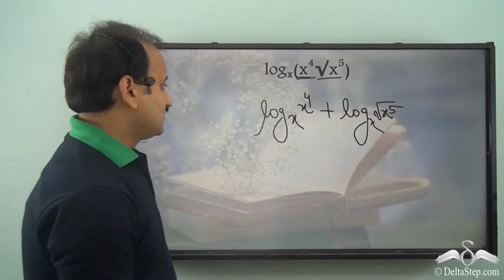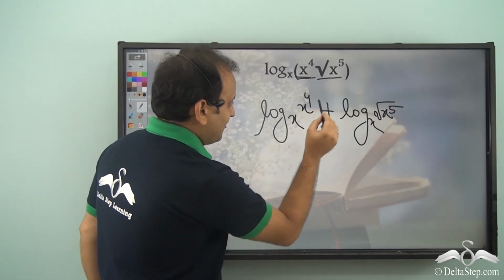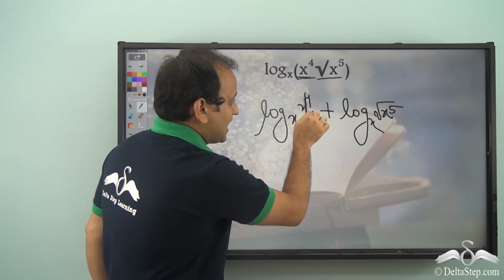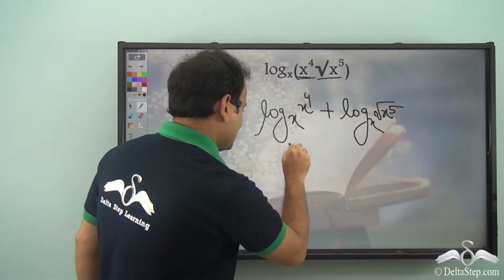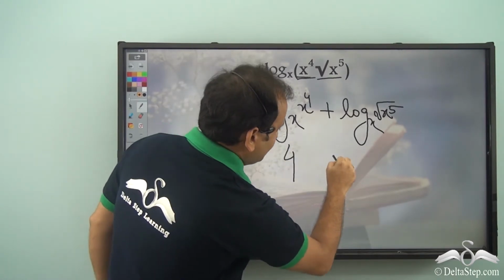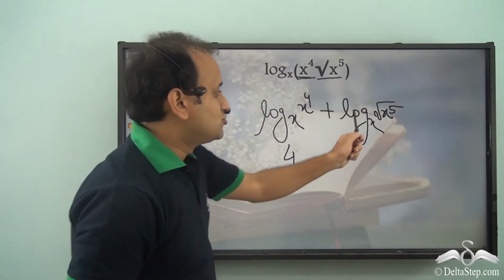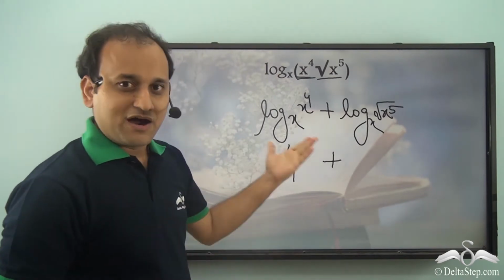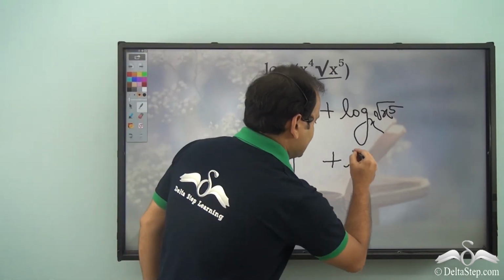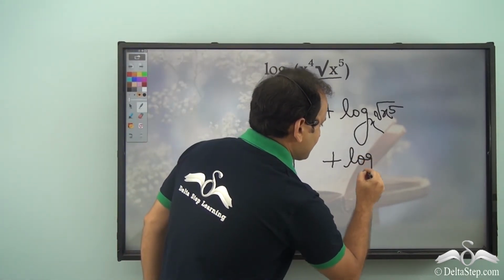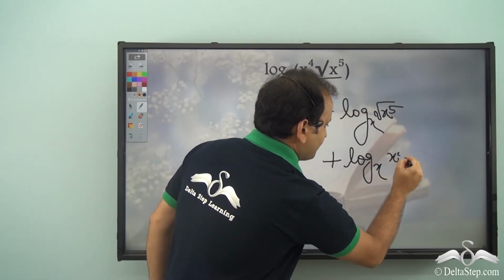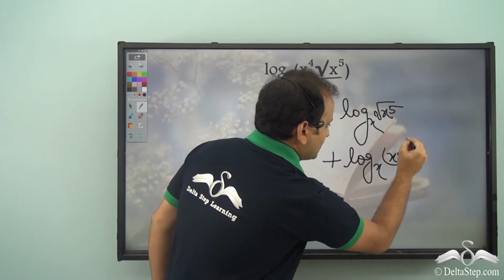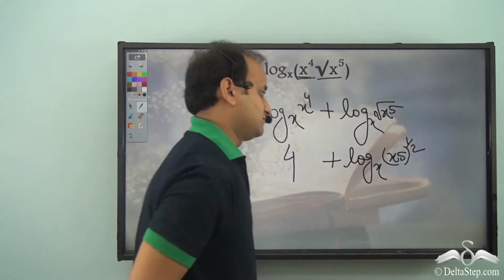Now let's see, from the properties we know that if the argument is a power of the base, in that case the power is the answer. So we have here 4 plus, now root can always be written as a power something like this, log the base x, x to the power of 5, 1 by 2.